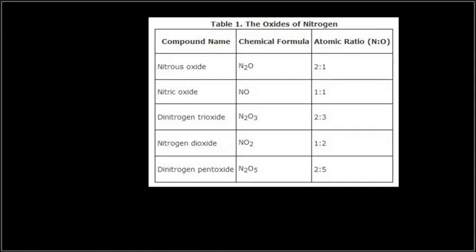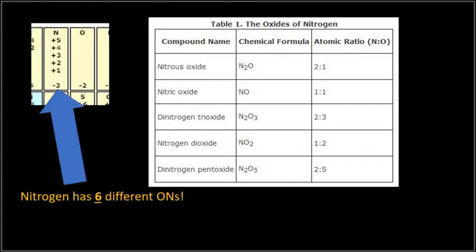Now, nitrogen and oxygen make up a lot of different compounds together. So the question is how do you know what the oxidation numbers are? Well, the difficulty is that nitrogen has 6 different oxidation numbers. Now, we know the oxidation number of oxygen is -2. But the question then is which oxidation number of nitrogen is being used?